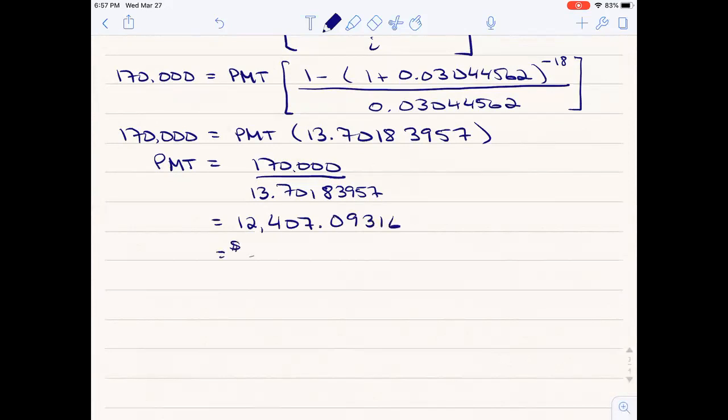So in money, that's 12,407.09. So the yearly payments for the next 18 years would be $12,407.09.